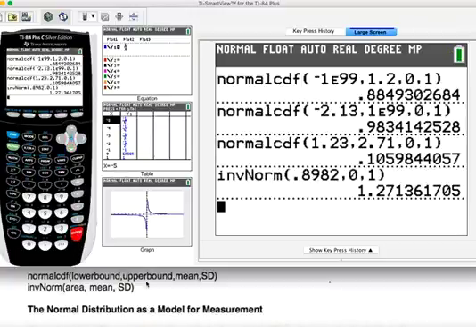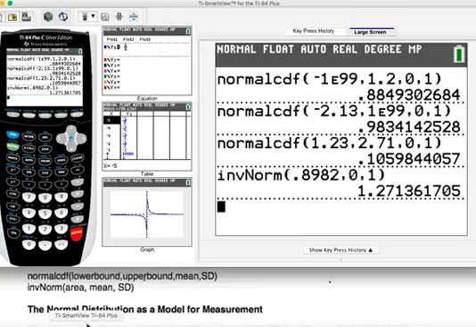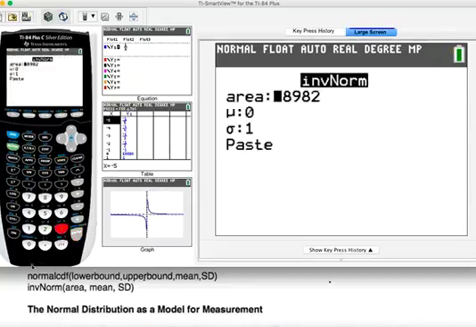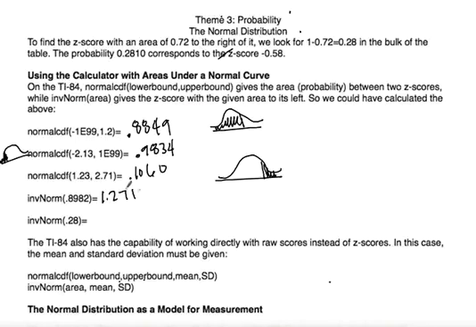Whenever you do that, you get 1.271. This would be the area is 0.28. So second vars, inverse normal, 0.28, standard deviation is 1, mean is still 0. And that gives you negative 0.58.